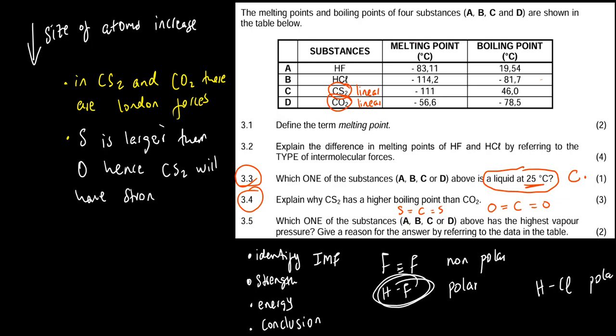Hence, CS2 is going to have strong intermolecular forces, and that is the reason why more energy will be required to overcome intermolecular forces.